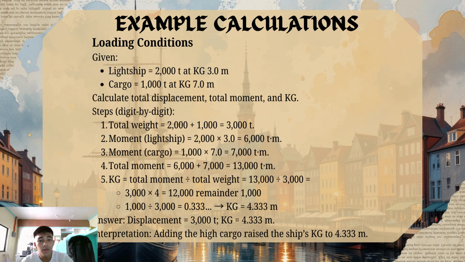Ang kinuha po namin dito is 3 decimal places lang para mas madali. So, ang answer po natin, displacement is equal to 3,000 tons and our KG is 4.333 meters. So, interpretation: adding the high cargo raised the ship's KG to 4.333 meters.